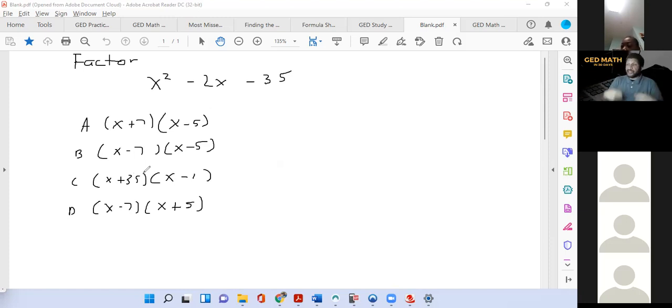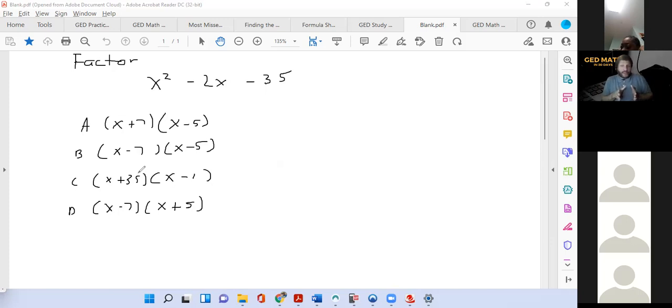And again, I want you to send me in the chat what answer A, B, C, or D. If we had to factor this quadratic equation, what answer would we get? A, B, C, or D? And I'm setting a timer for just 2 minutes. And send me your answer in the chat. If you notice, those were 2 different problems, but it's the same concept.